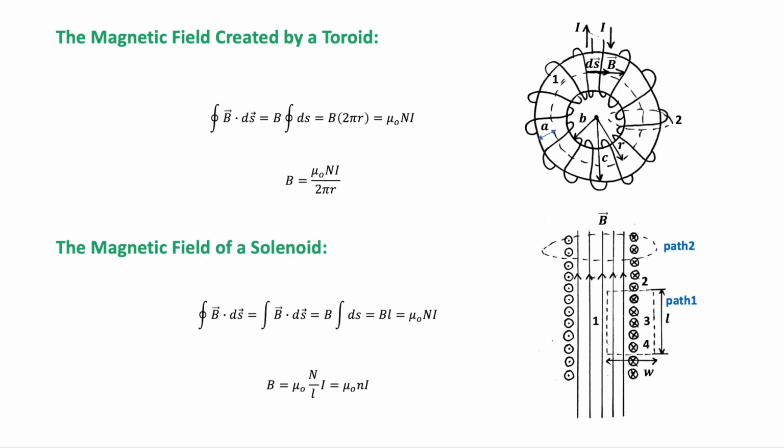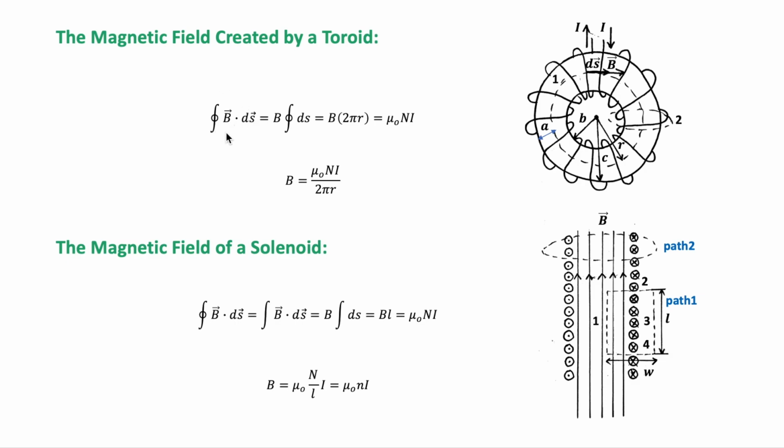If path 1 is taken such that r is either smaller than b or larger than c, in both cases the path encloses 0 net current, so that the closed integral of B dot ds is equal to 0.